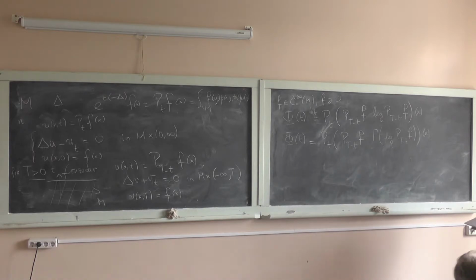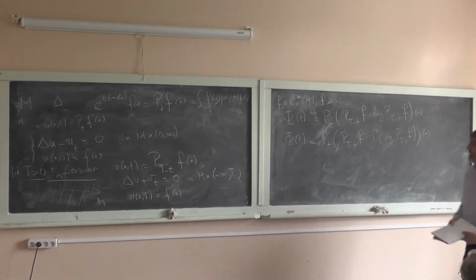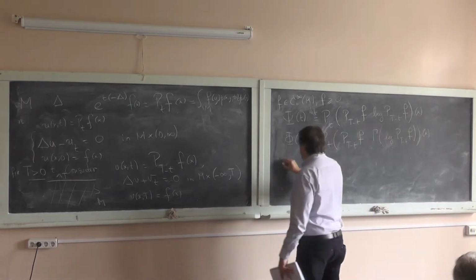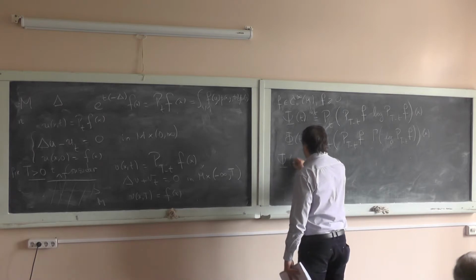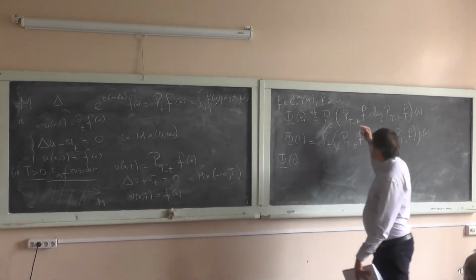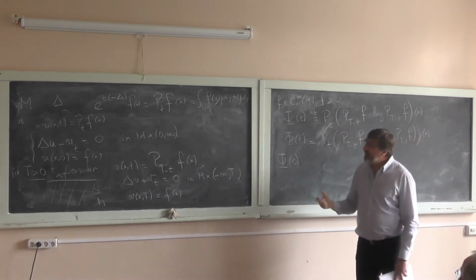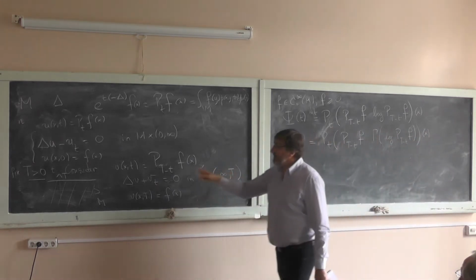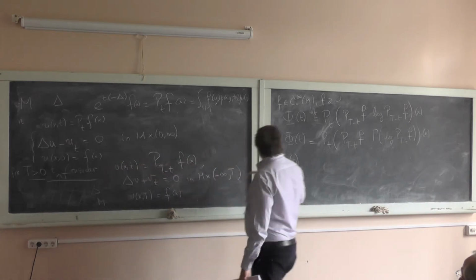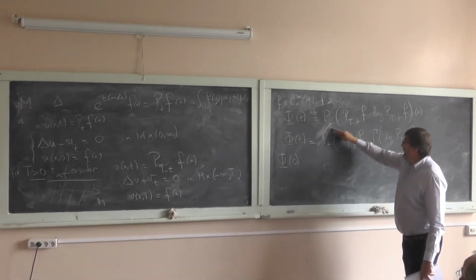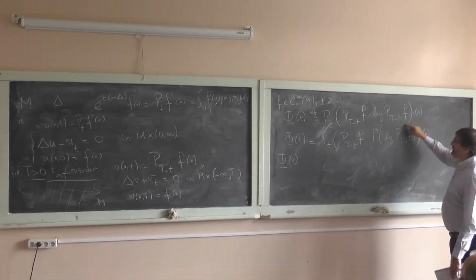All right? So let me say a few things about these two objects. First of all, let's observe what is psi at 0. When t goes to 0, remember P_t picks up the initial value. So I have to put the initial value of this function at t equal to 0.